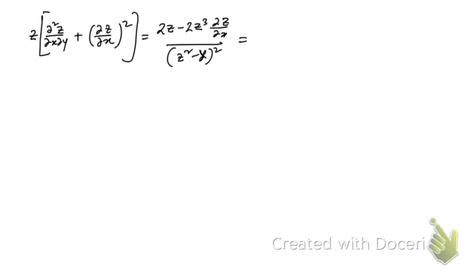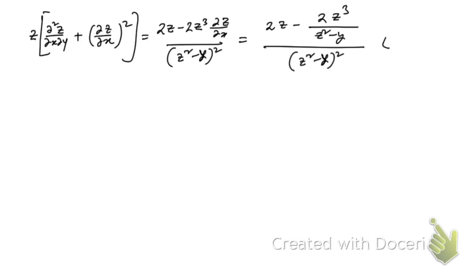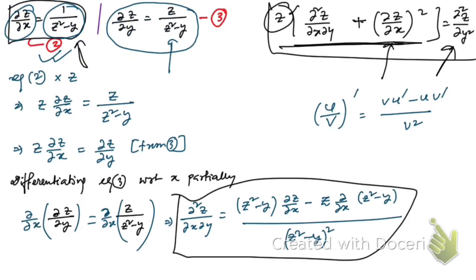So we're gonna have 2z minus 2z cube, that will be divided by (z square minus y), divided by again (z square minus y) whole square. That's what we're gonna have. So here what we have done, using equation number 2, we have used this equation.